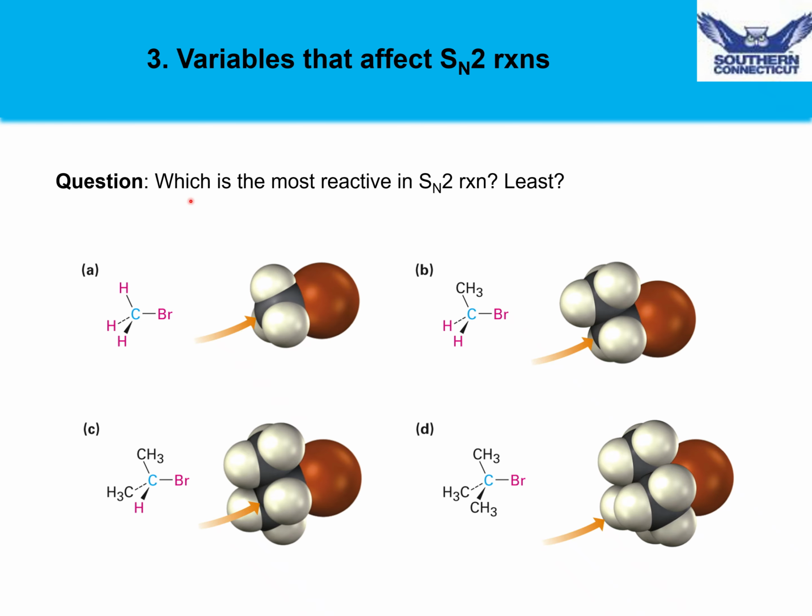Let's tackle this question, which is which of these is the most reactive in the SN2 and which is the least reactive. So when we compare these four molecules, we can see that we have a methyl bromide, a primary bromide, a tertiary one here, and a secondary one.